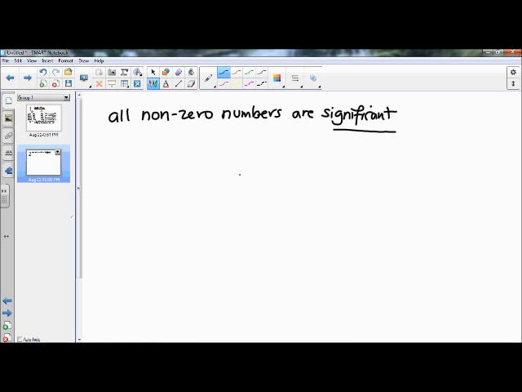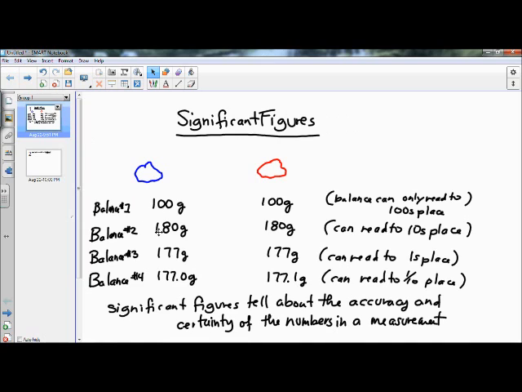The problem is when it gets to zeros. Remember in our previous example, this one was the least uncertain number. These could have been way, way off, so there's almost no certainty in these numbers at all. This one we know is either plus or minus 1 here.